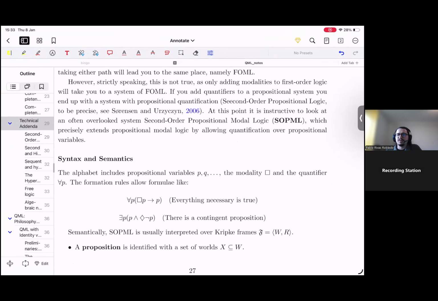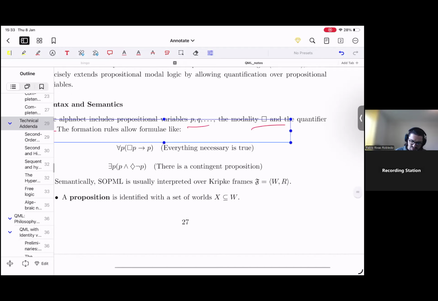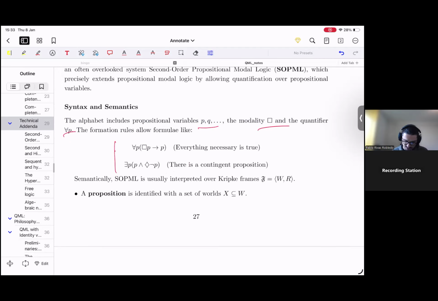So this is a system of propositional quantification. So the idea of it is that you have your variables and you have the modality and the quantifier, and you can say stuff like this. So this says that everything necessary is true, and the other one says that there is a contingent proposition.